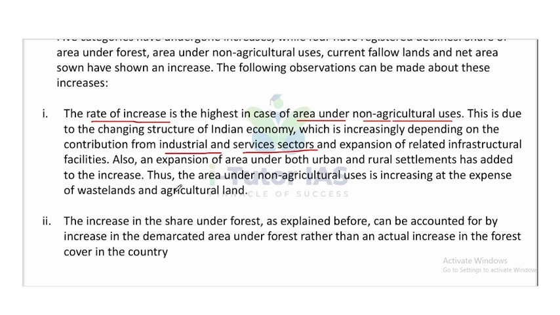Second, the increase in the share under forest, as explained before, can be accounted for by an increase in the demarcated area under forest rather than an actual increase in the forest cover in the country.